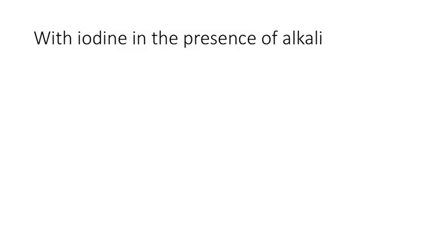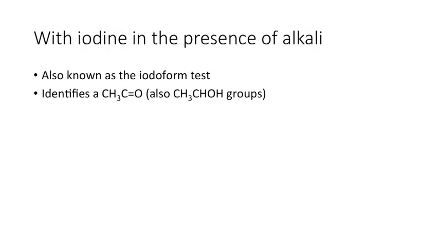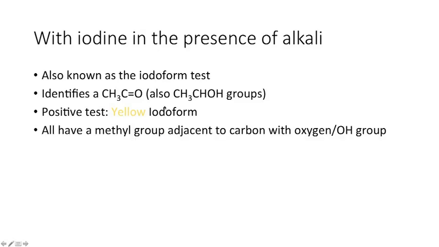Finally, the reaction with iodine in the presence of an alkali. This is also known as the iodoform test, and it identifies a CH3C=O group, but also a CH3CH(OH) group. The positive test will be the yellow iodoform produced. They all have a methyl group adjacent to a carbon with an oxygen or an OH group.